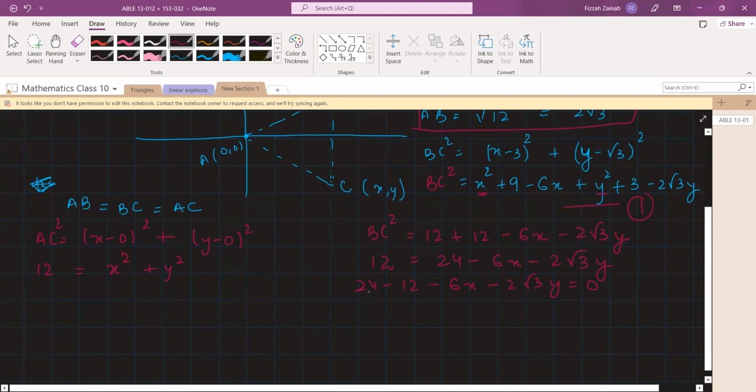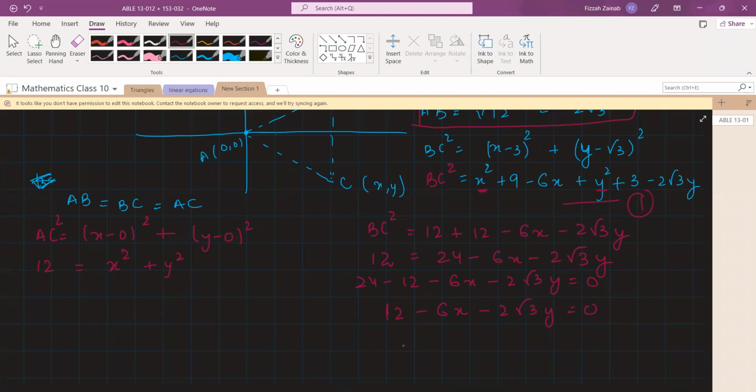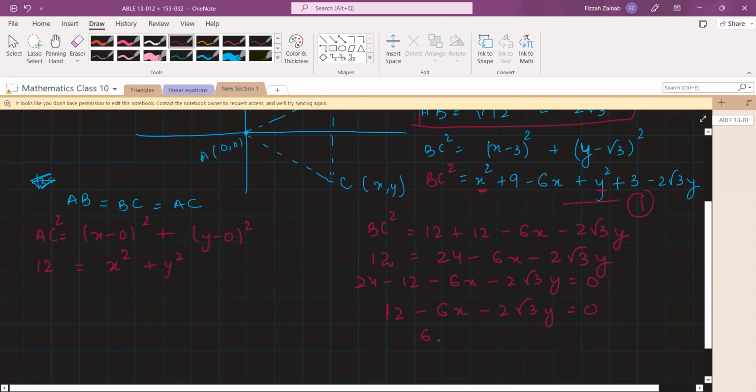So this will be 12 minus 6x minus 2 root 3y is equal to 0. This is now a linear equation in two variables, but I need one more equation to solve it. I can take a minus sign common, so that becomes 6x plus 2 root 3y minus 12 is equal to 0.